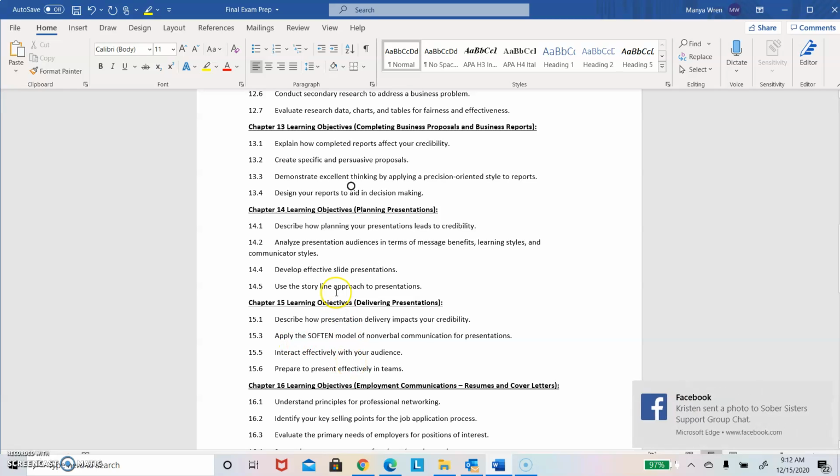A lot of these have to do with preparing to present effectively in teams, interacting effectively with the audience, describing nonverbal communication for presentations, describing how presentation delivery impacts credibility, and developing the presentation.